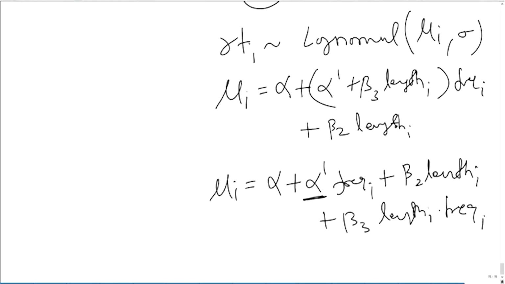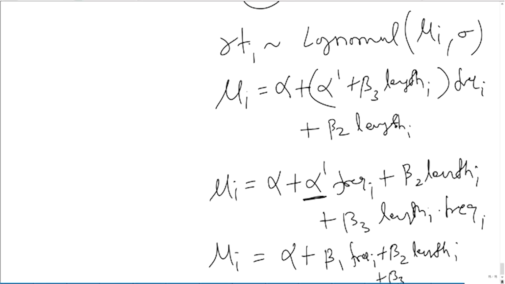You can rename this parameter as beta 1, just for simplicity. So mu_i equals alpha plus beta 1 into frequency_i plus beta 2 into length_i plus beta 3 into frequency_i into length_i, where beta 1 indicates the main effect of frequency, beta 2 indicates the main effect of length, and beta 3 indicates the interaction effect of frequency and length.